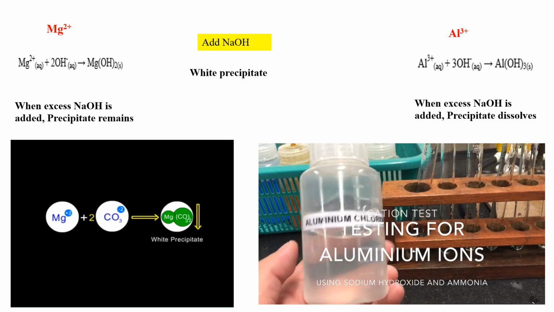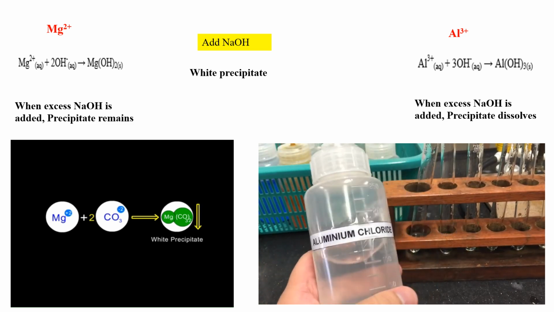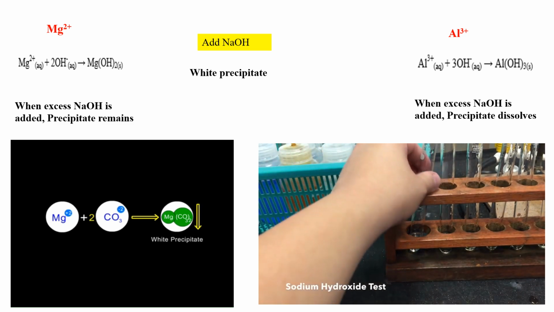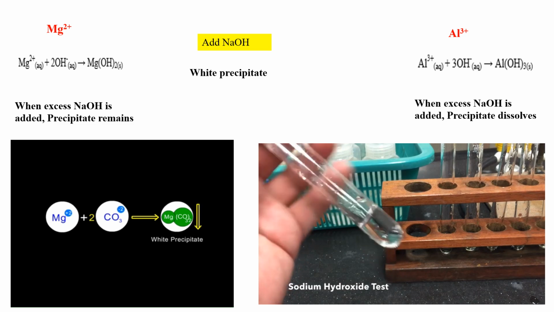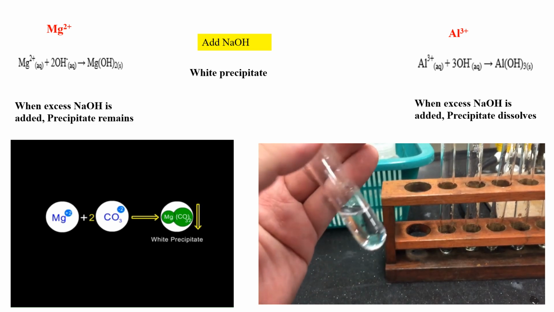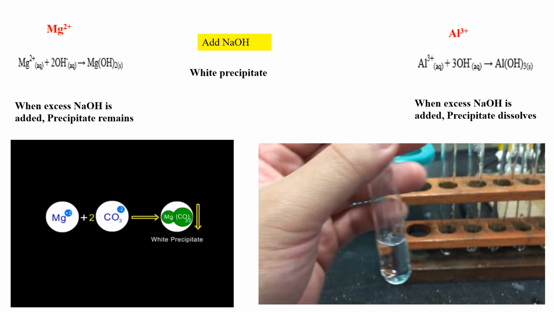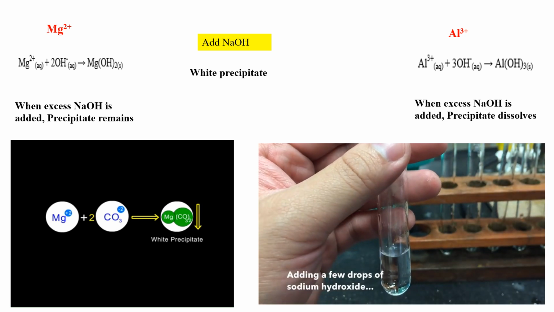Solutions containing aluminium ions are usually colorless. We can test for the presence of aluminium ions using the sodium hydroxide test. To a small sample of the solution, add a few drops of sodium hydroxide.